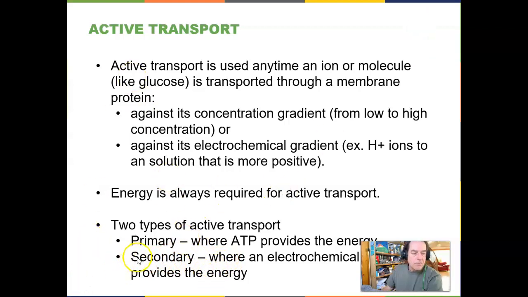So when talking about secondary transport, it's really important to get an idea of what we mean by an electrochemical gradient. A gradient is simply a difference of concentration of something from one point to another. And electro means electric, like charge, and chemical means the actual number of atoms of something.